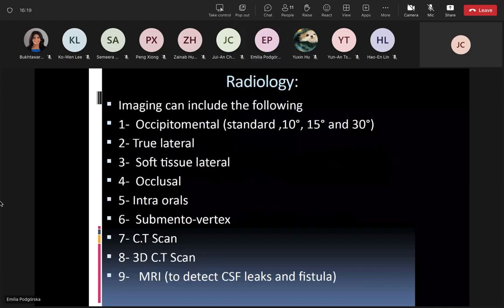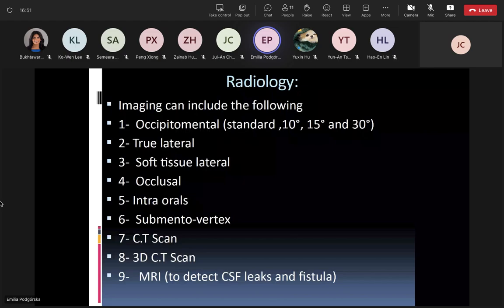Radiology. Findings can include the following: occipitomental standard, 10 degrees, 15 degrees, and 30 degrees, two lateral, soft tissue lateral, occlusal, intraoral, submentovertex, CT scan, 3D CT scan, and MRI to detect CSF leaks and fistula.